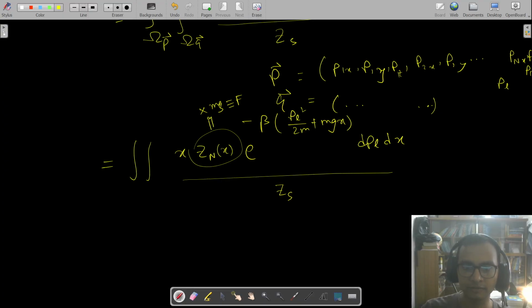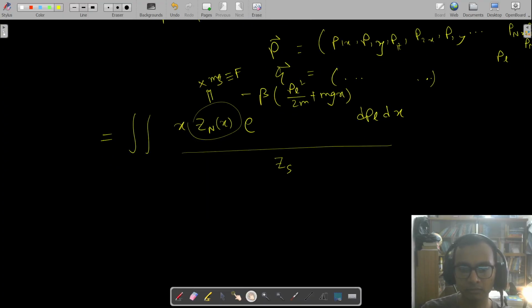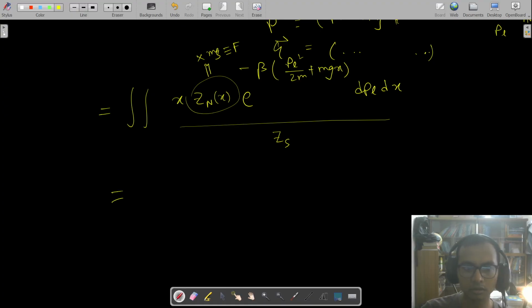This thing does not have f, but this e to the power minus something has mg or f in it. And if we differentiate this thing, the x comes down.